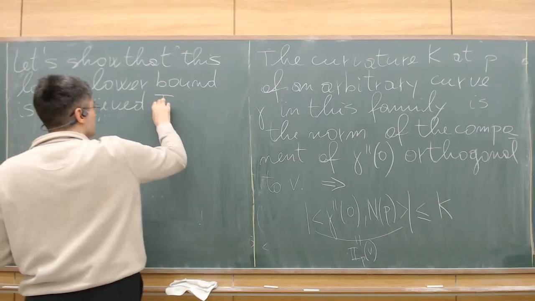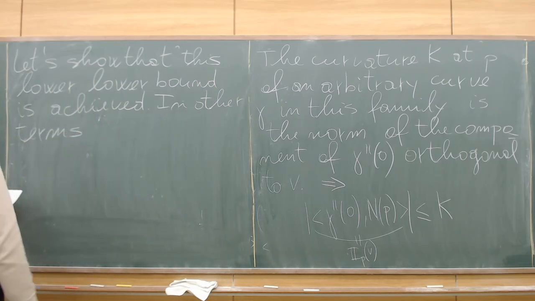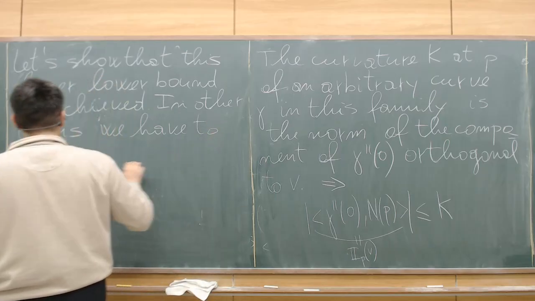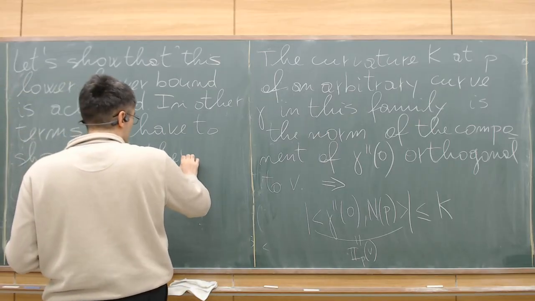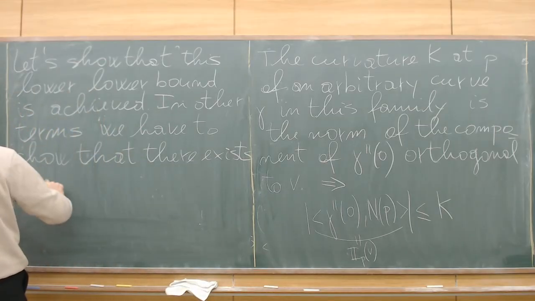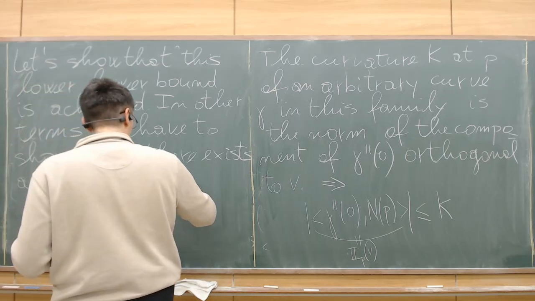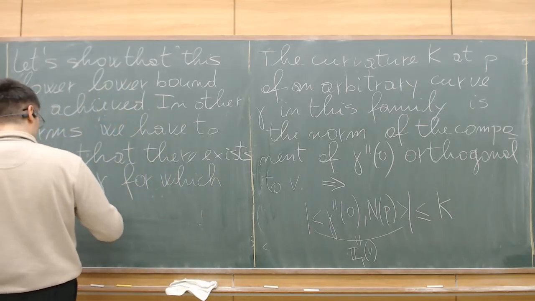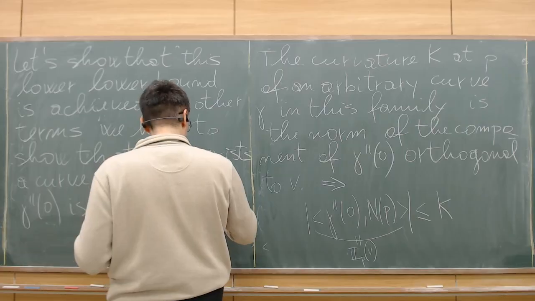In other terms, we have to show that there exists a curve gamma for which gamma second at 0 is parallel to n at p.